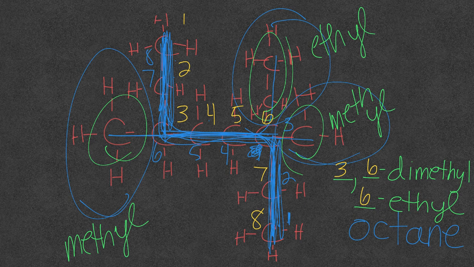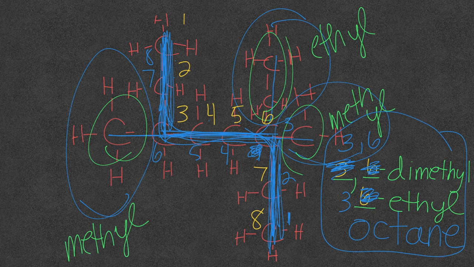Then I would be 3 for one of the methyls. I would also be 6 for the other methyl, but I would be 3 for the ethyl. So the blue numbers win. So I got to get rid of those yellows. So I would be 3,6-dimethyl, 3-ethyloctane for the name.